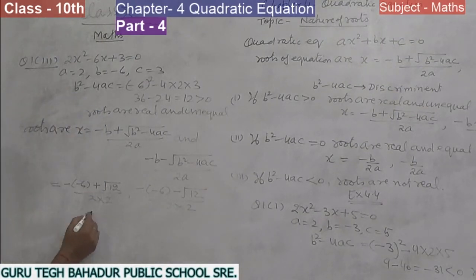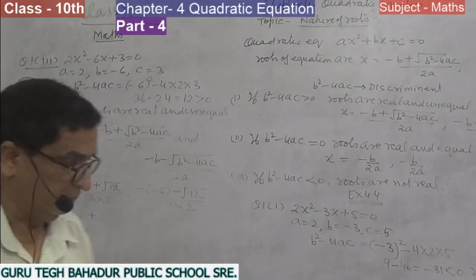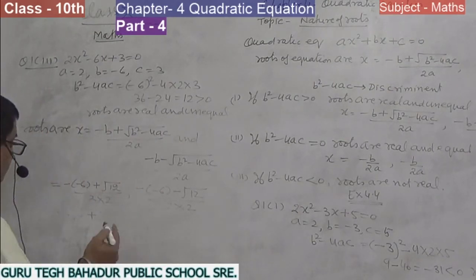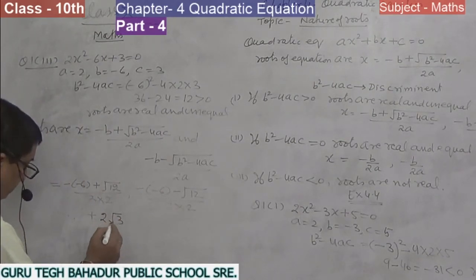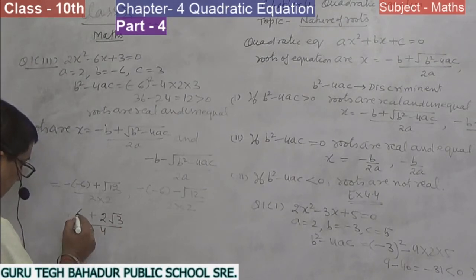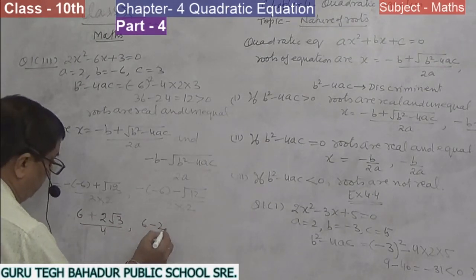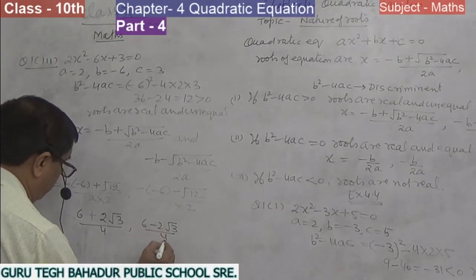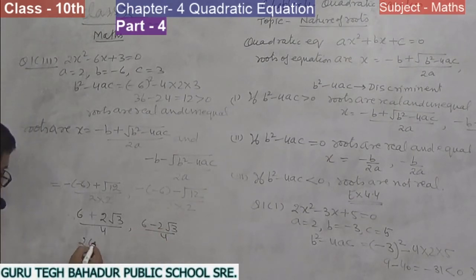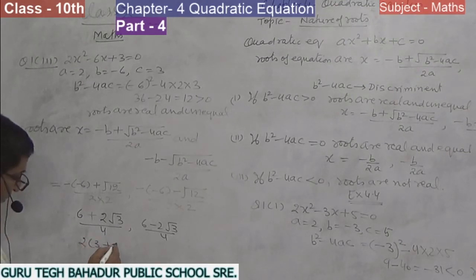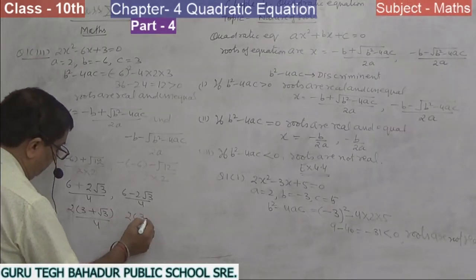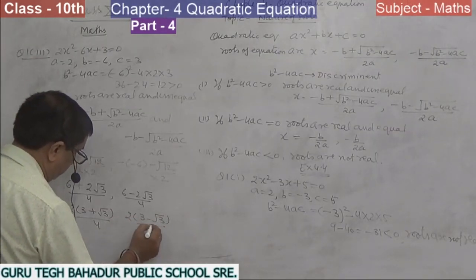6 plus 2 root 3 upon 4, 6 minus 2 root 3 upon 4. 2 common, 3 plus root 3 upon 4, 2 common, 3 minus root 3 upon 4.